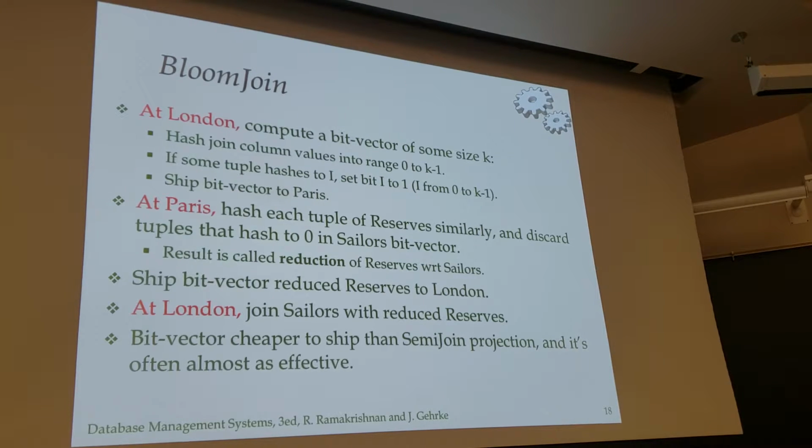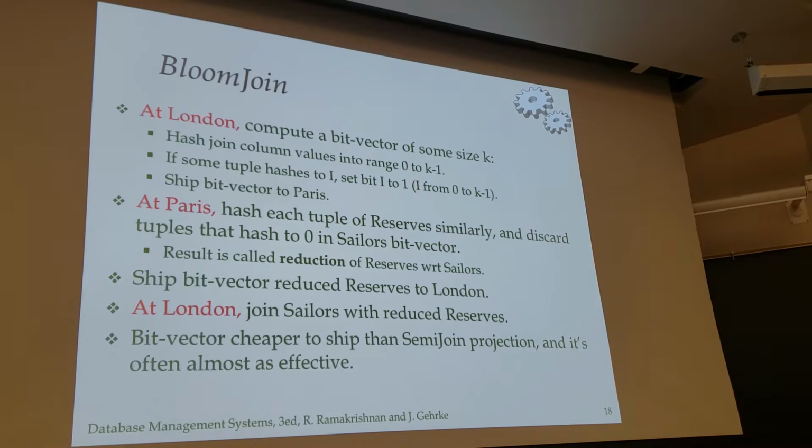Now, what did I get and what did I lose? I only had to ship 128 bits. Well, I had to calculate the 128 bits, but it's just scanning through and setting the bit in the bit vector. But I only shipped the 128 bits rather than all the sailors that I care about. A little more work, a lot less shipping maybe, and the possibility of having false positives, but no false negatives.